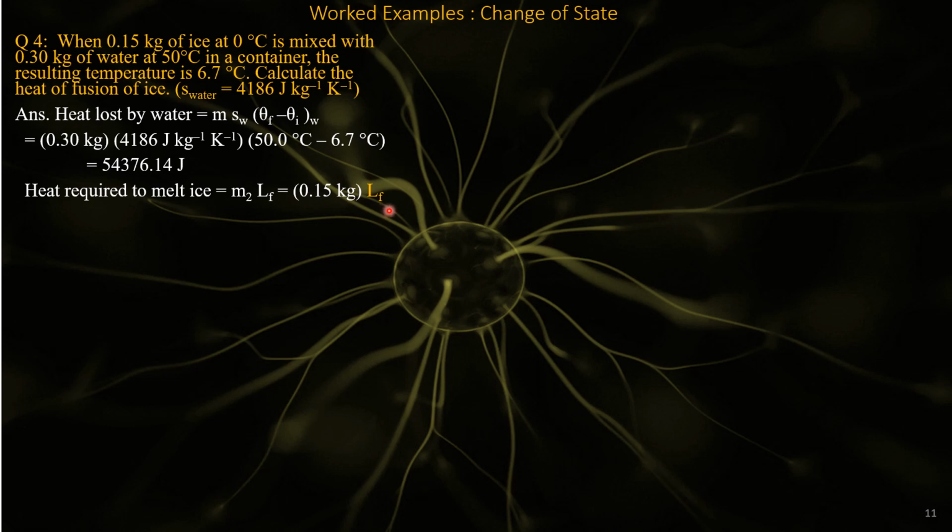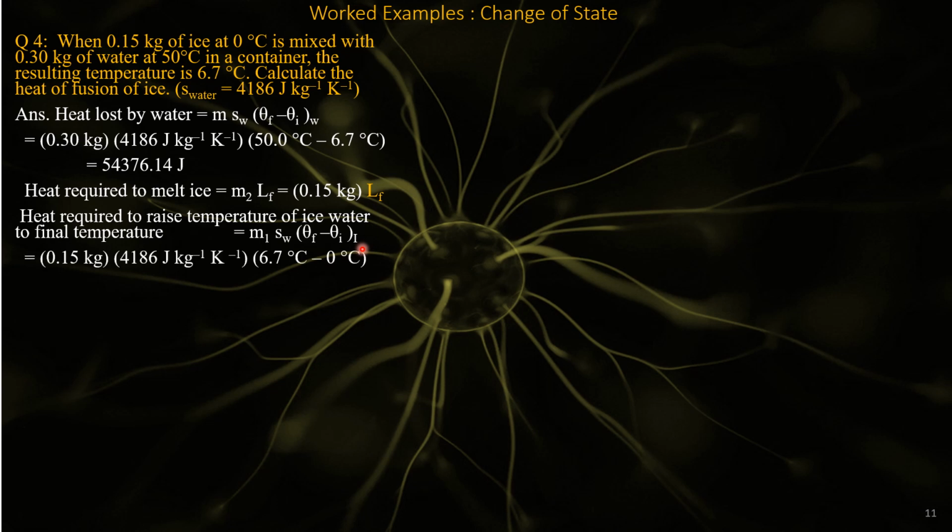Heat required to raise the temperature of ice water to final temperature is M1 into SW into theta F, final temperature minus initial temperature of ice. This subscript I is for ice.